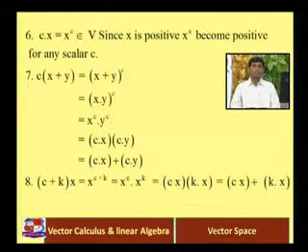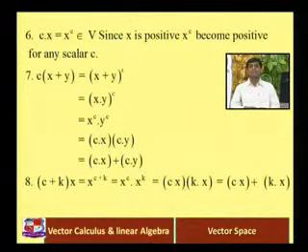Since x is positive, x raised to c becomes positive for any scalar c. Either c is positive or c is negative or c is 0. Okay, c is any real number, but x is positive, so x raised to c is always a positive real number. So that's why c into x, which is x raised to c, is a positive real number, so it belongs to V.